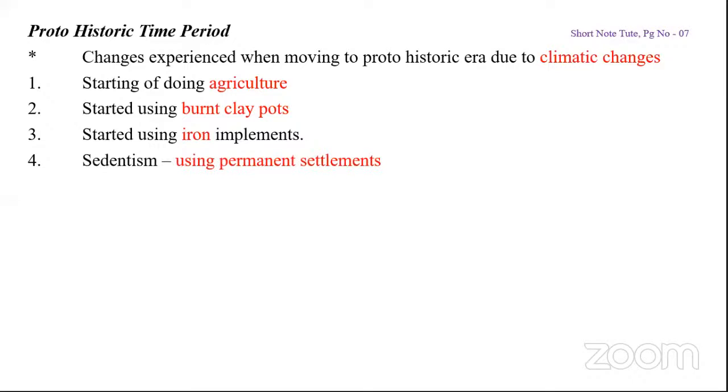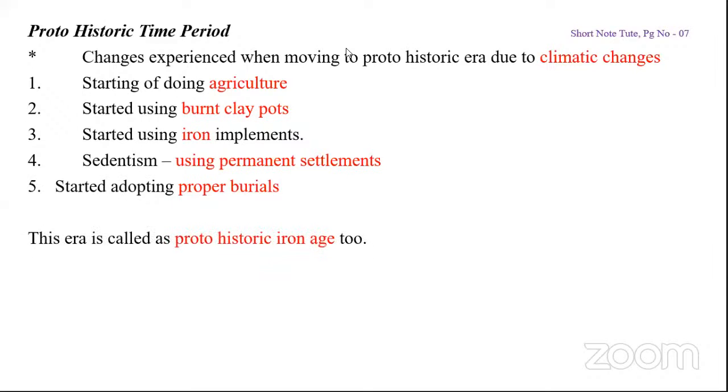Living in permanent settlements. Because of agriculture, they settled permanently in places where they could farm. They used burnt clay pots to cook their food, and they started adopting proper burials. This time period is known as the proto-historic Iron Age.